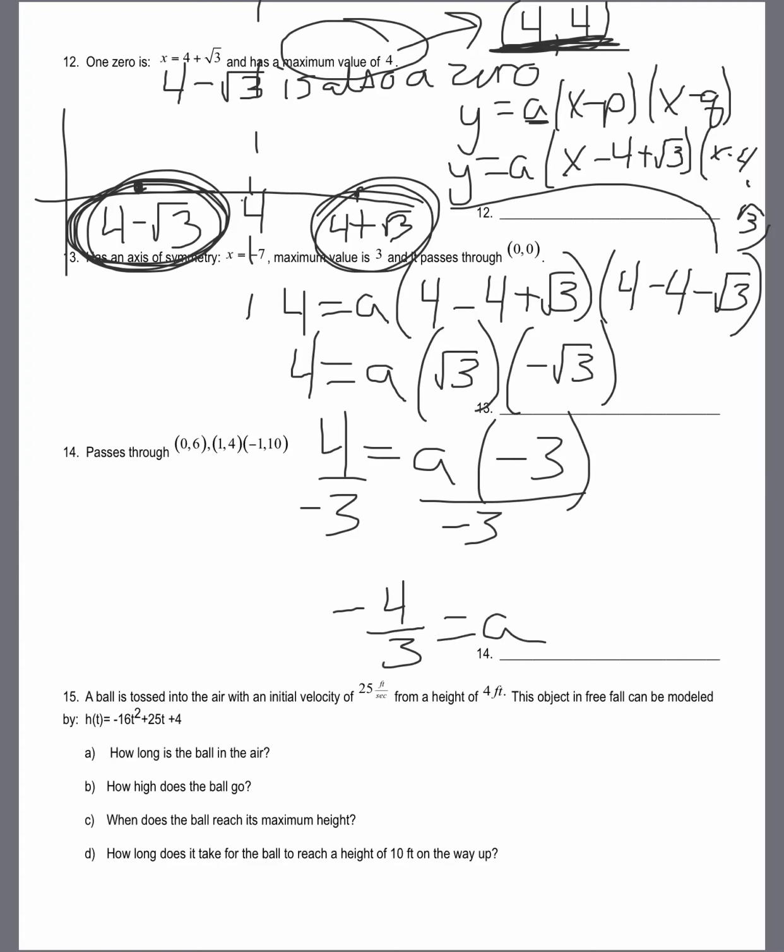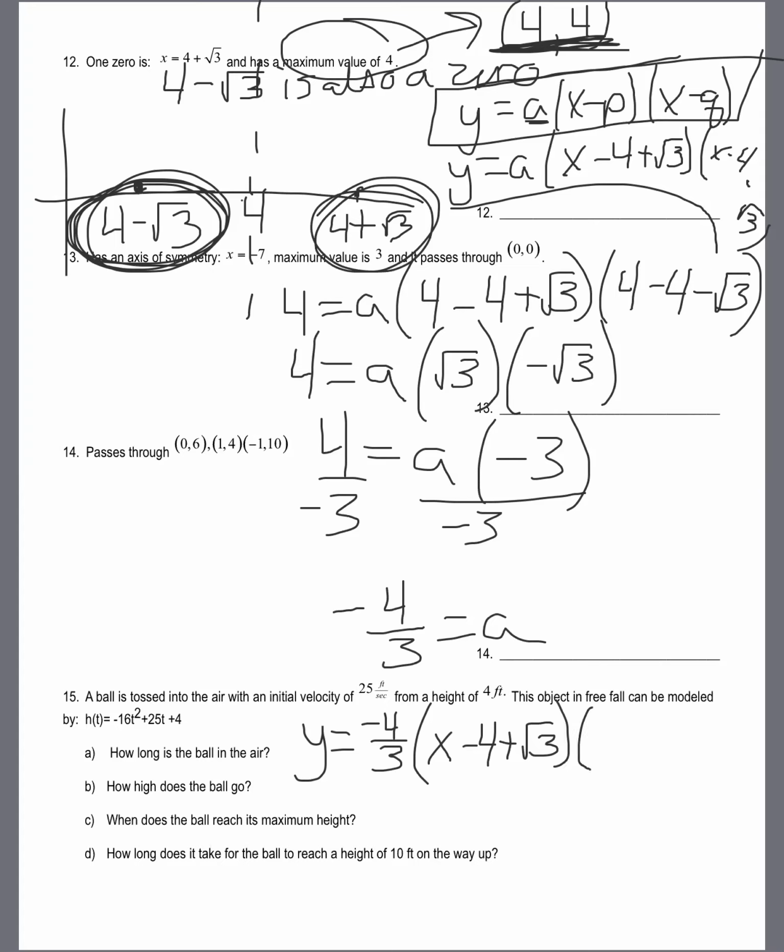All right, so now I can put it all back together and make my equation look nice. So if I go right back to this guy, I can pop in all those pieces. So y equals a, which is now a negative 4/3, and then I'd have x minus 4 plus root 3, and then x minus 4 minus root 3.